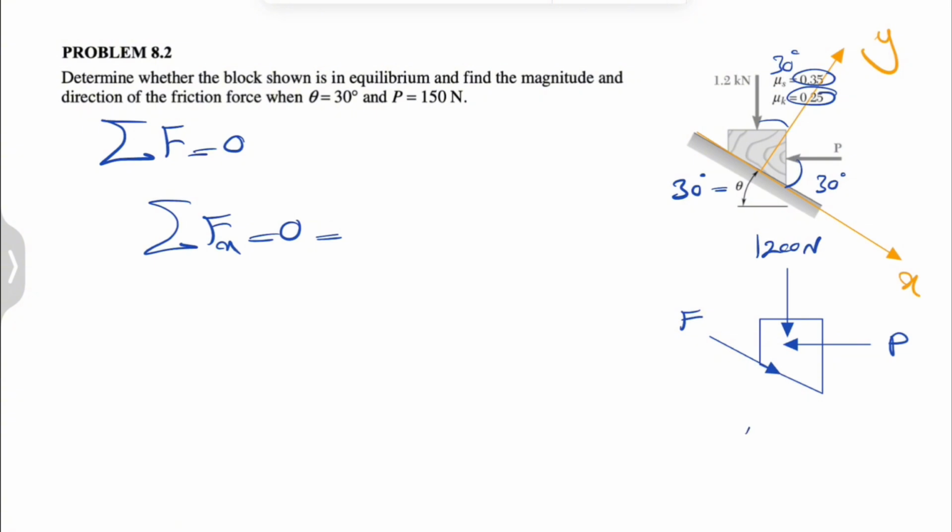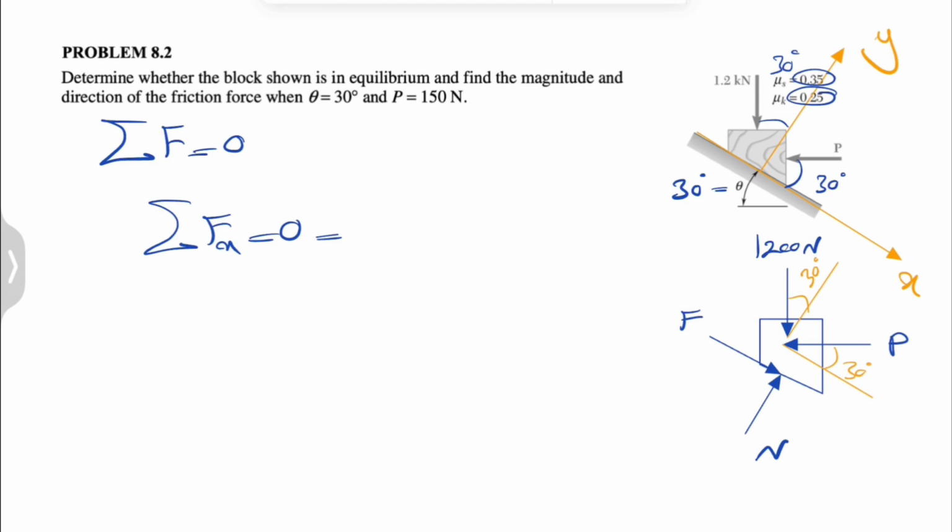We also have a normal force applying on the surface. We're going to call it N, and that's pretty much all the forces that we have. This angle here would be 30 degrees, and the angle between our y and 1200 is also 30 degrees.